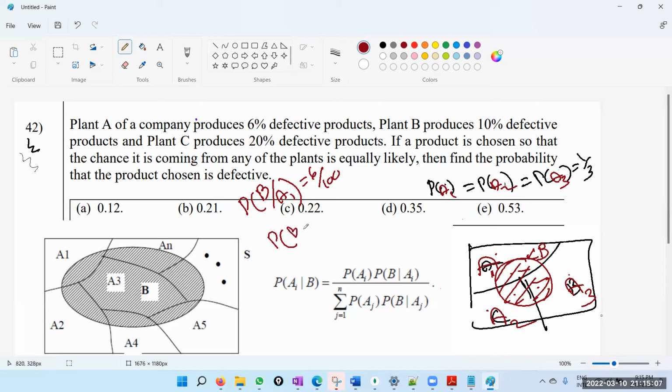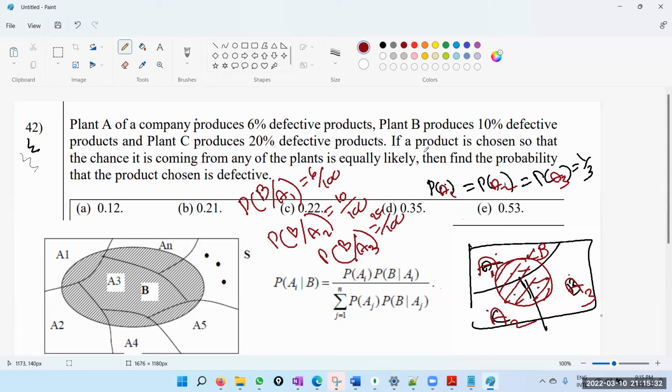Probability of defective given A2, that is B, plant B produces 10%, 10 out of 100. Probability of defective given A3, or plant C, is 20%. Right, so that is also given.